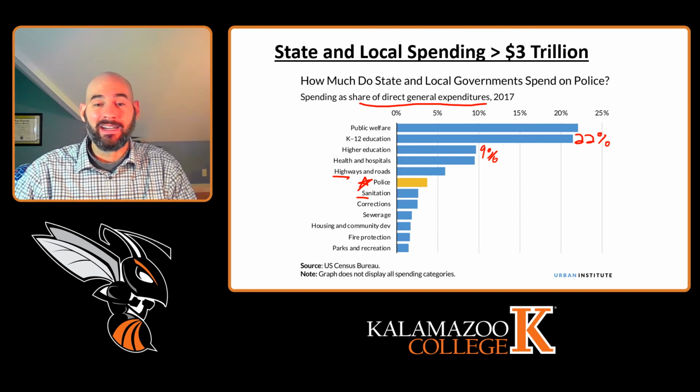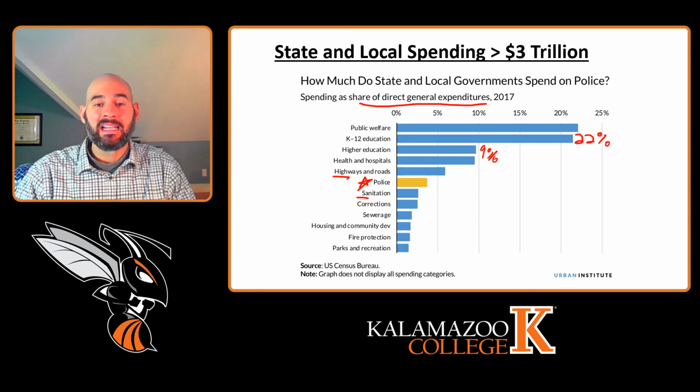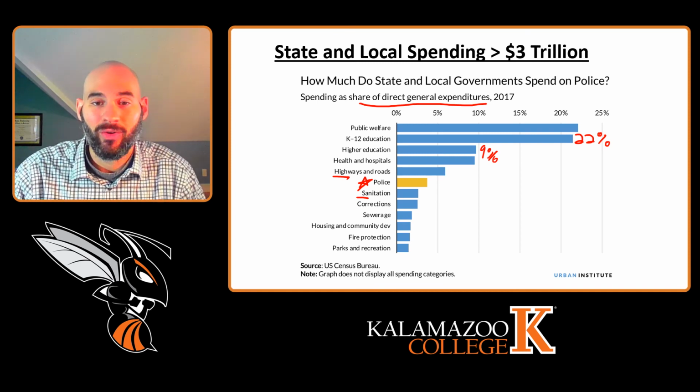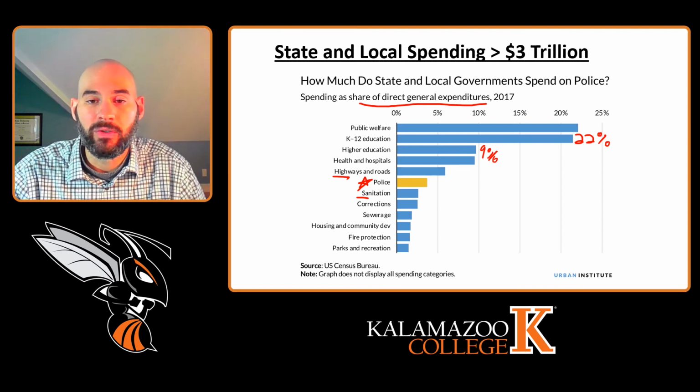So I'm not here to tell you what the best amount of money state and local government should spend on police. But what I am here to say is that in general, we actually spend less collectively as a nation of state and local governments on police than we do on all of these other categories.